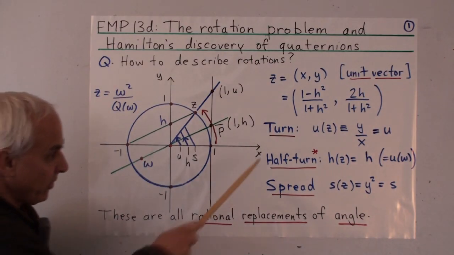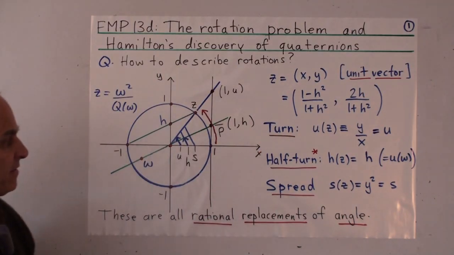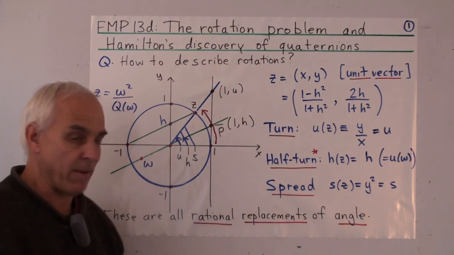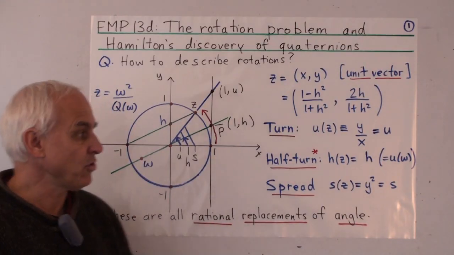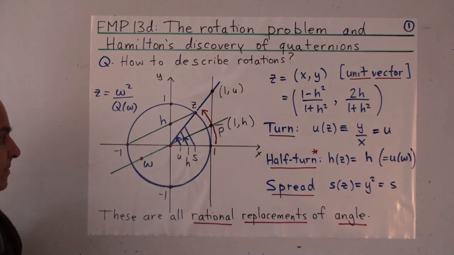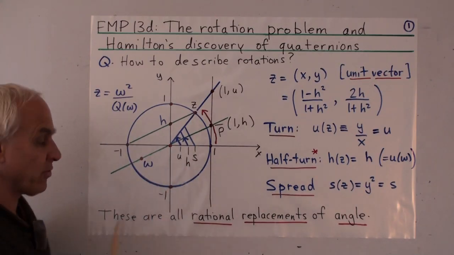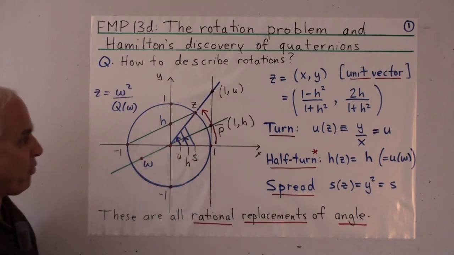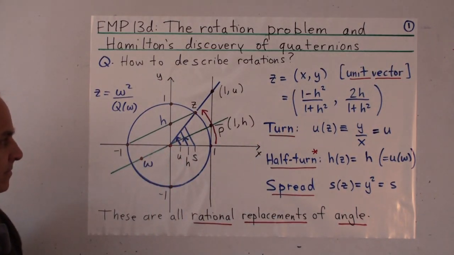I've talked already about turn, and the half turn is very closely related to that. It's also very closely related to the important rational parameterization of the circle, which underlies two-dimensional rotations. Here we have the standard plane with the unit circle, x squared plus y squared equals 1, and on the circle is a point z with Cartesian coordinates x and y.